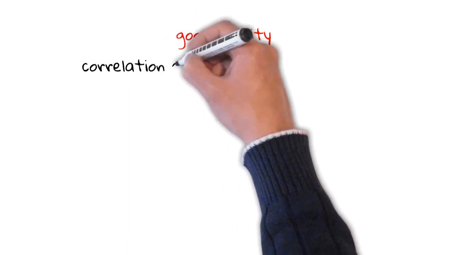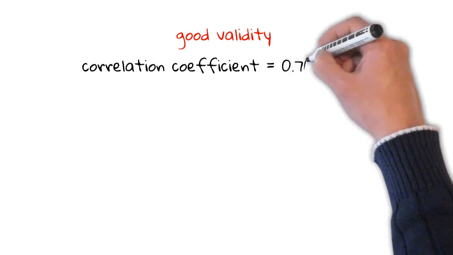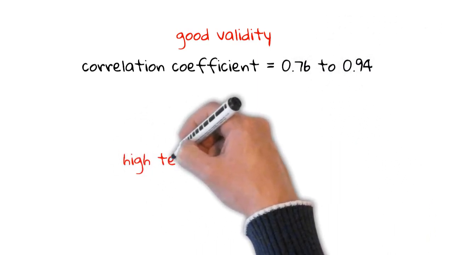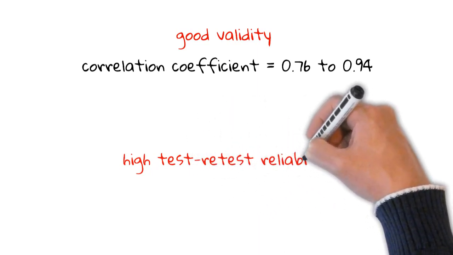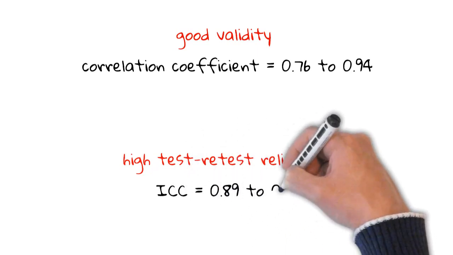In one study, Graph accelerometers were found to have a correlation coefficient of 0.71 with directly observed physical activity levels. Graph accelerometers have also been shown to have high test-retest reliability, with intraclass correlation coefficients ranging from 0.78 to 0.94.